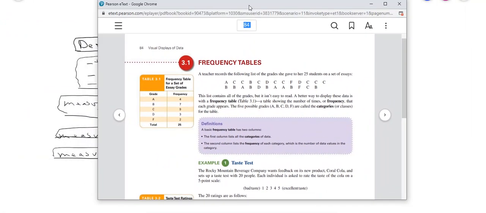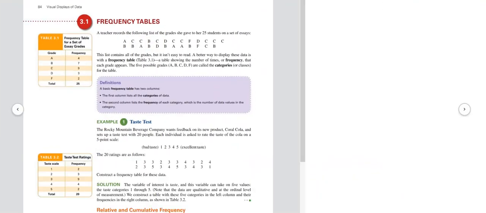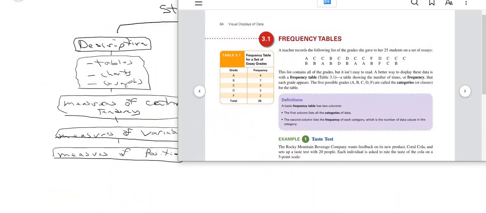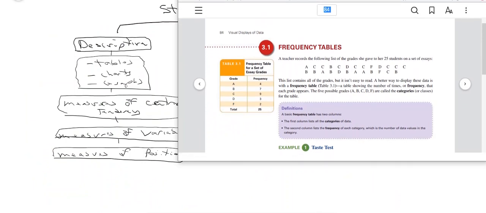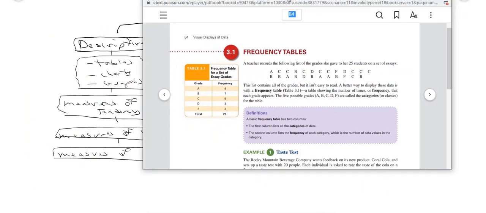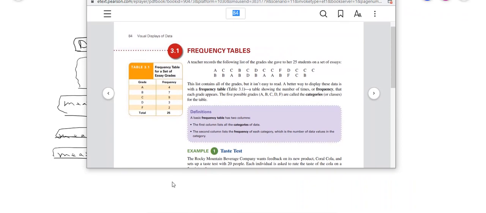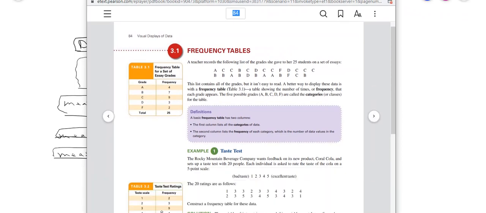Okay, let's go ahead and talk about what we have in the ebook.